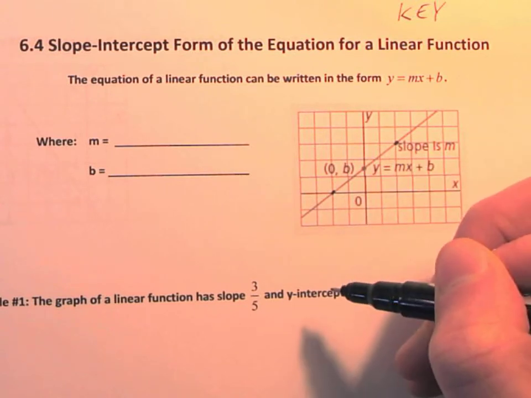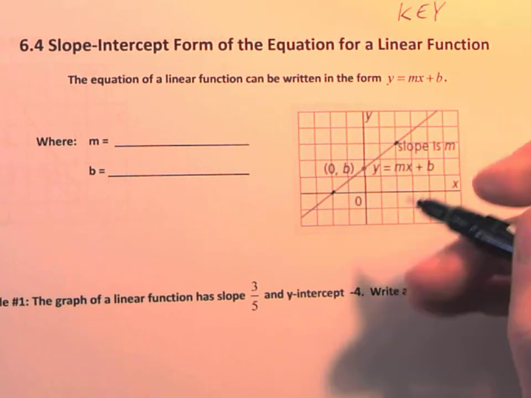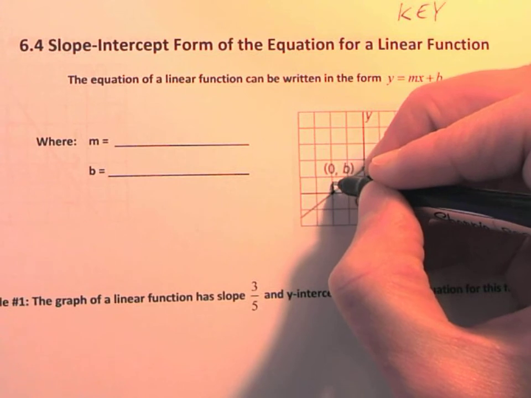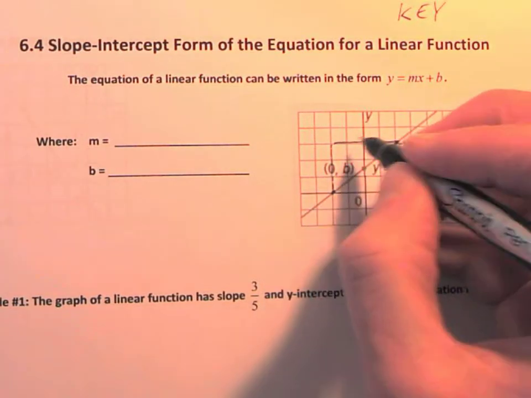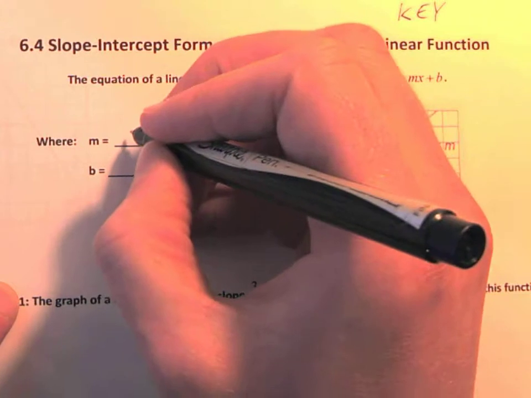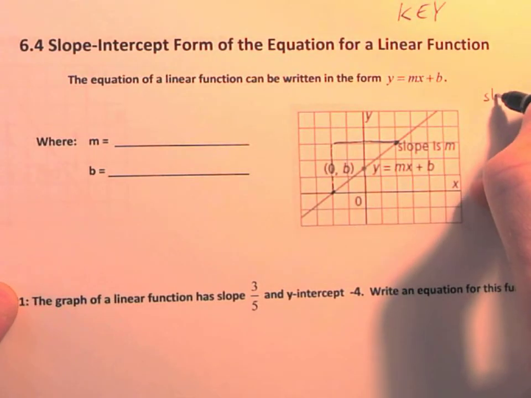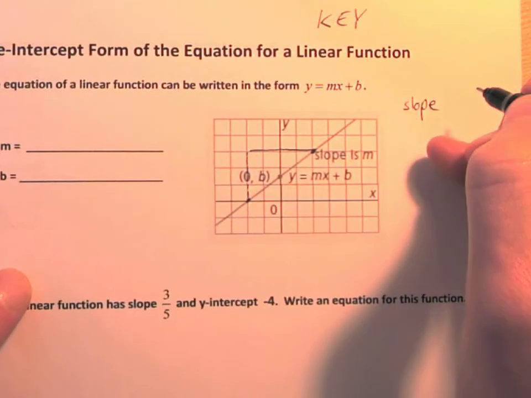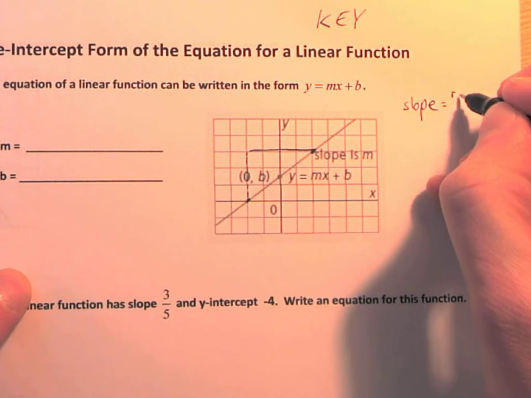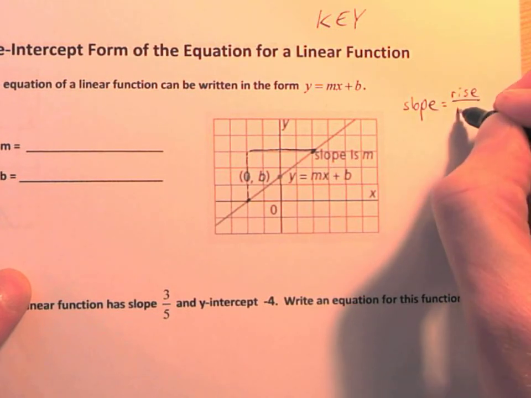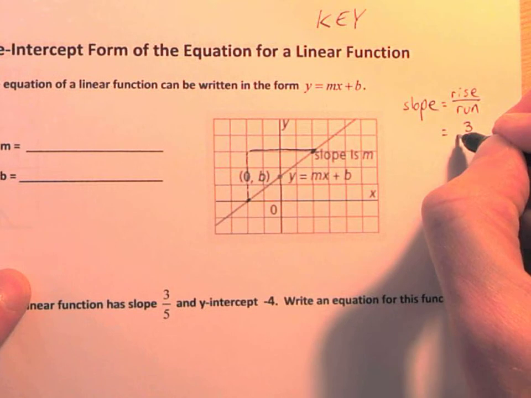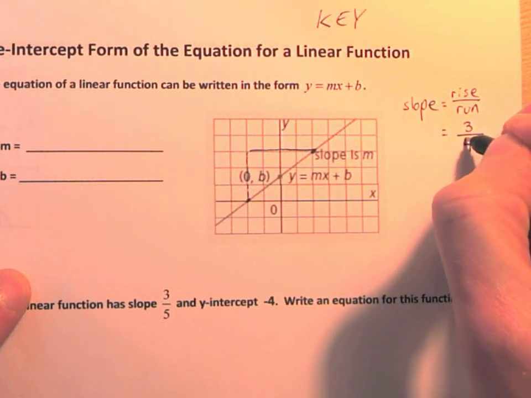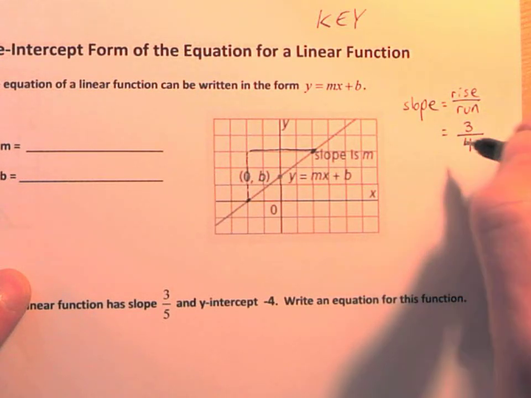So our slope would be 3/4. If I were to draw a little triangle here, this is from last day, slope is equal to rise over run, and in this case we rise up 3 and we go right 4, so it's going to be a slope of 3/4.